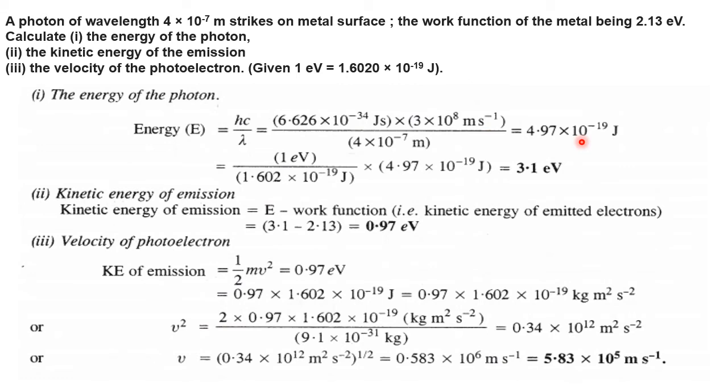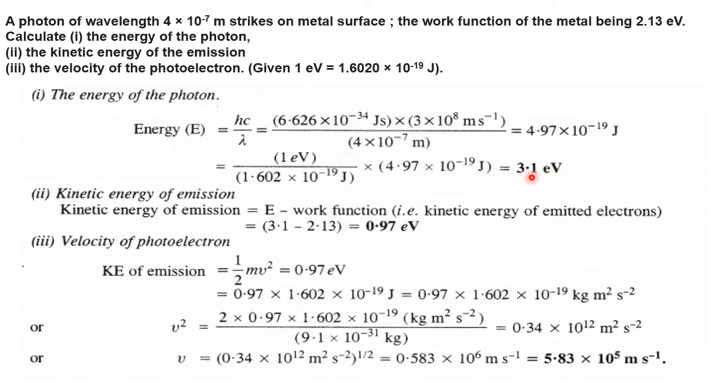Now let us convert into electron volt. 1.6020 into 10 to the power minus 19 joules means 1 electron volt. Now this many joules equal to how many electron volts? It is equal to 1 by 1.602 into 10 to the power minus 19 into 4.97 into 10 to the power minus 19 joules.